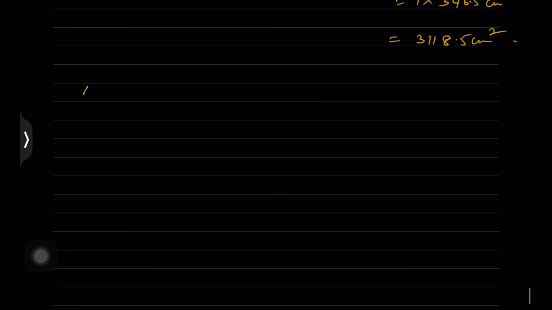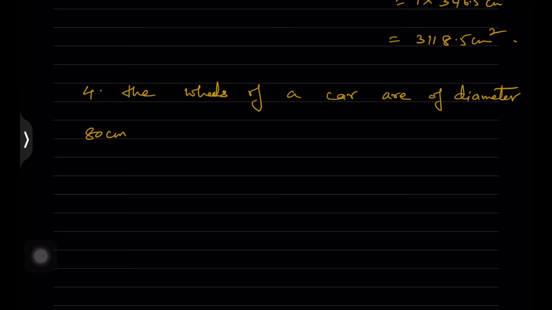So this is the way we do that problem. Next, fourth one. What is the fourth one? We'll see. The wheels of a car are of diameter 80 centimeter each.